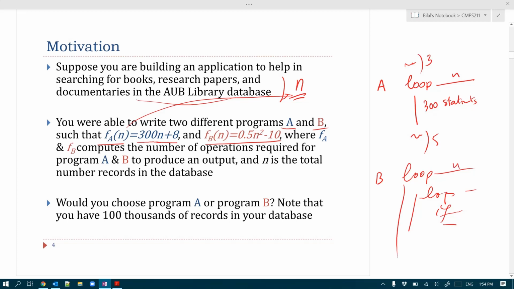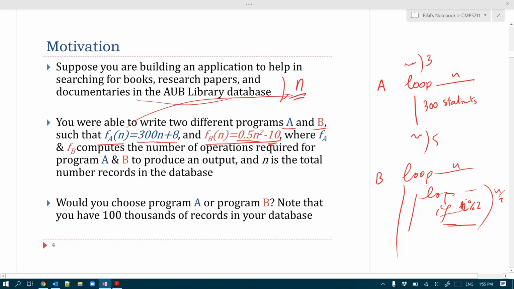Suppose when i is divisible by 2, you're executing this code. So this code is executed n over 2 times, and the outer loop runs n times. All in all, you will have n squared over 2.